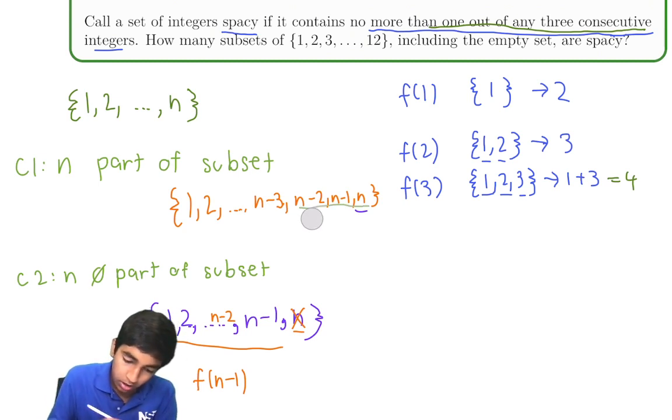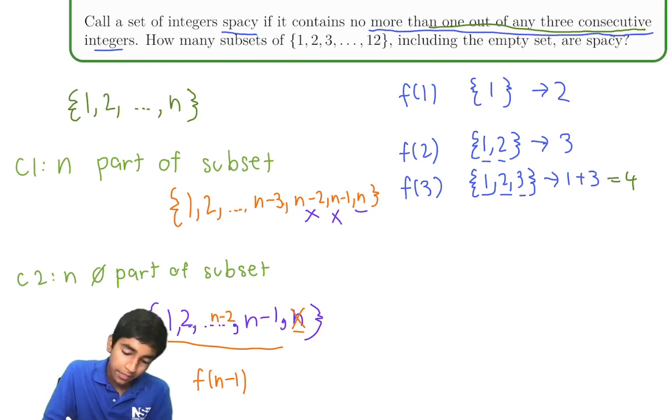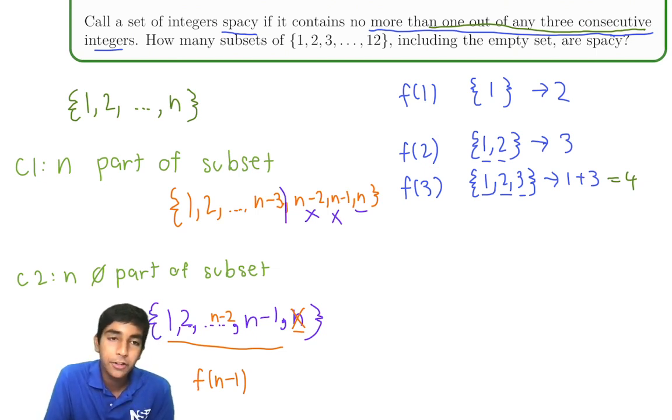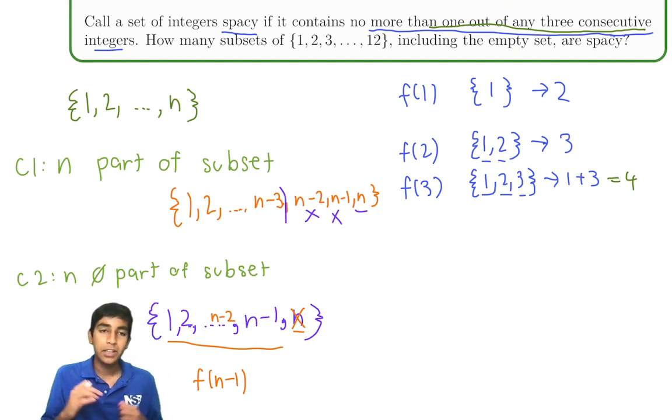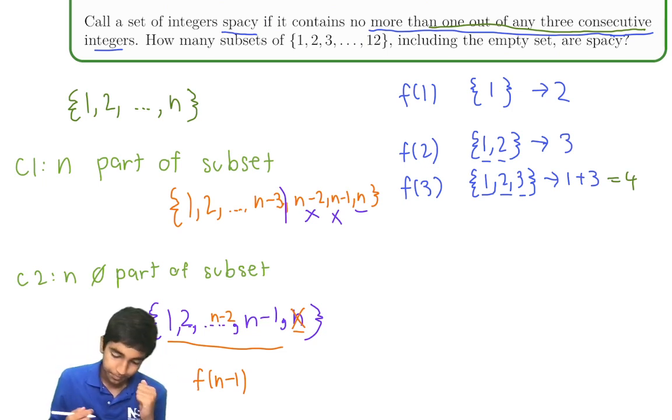So if n is the 1, then n minus 2 and n minus 1 are not the 1 out of those 3 consecutive integers. But n minus 3 can be, again, because it's not part of those same 3 consecutive integers. In fact, anything n minus 3 and left does work.